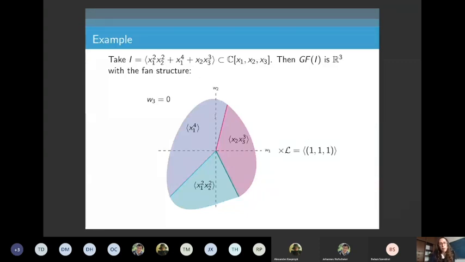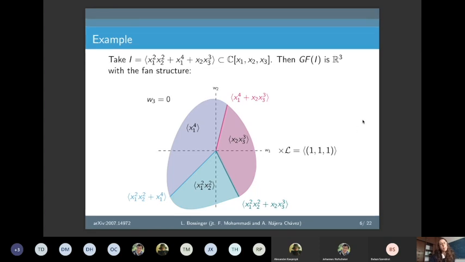So in the relative interior of the cones, I get monomial ideals, the 3 possible monomials that I can obtain as initial form. And in the rays, the initial ideals are exactly generated by the sum of the 2 monomials of the adjacent cones. So this is what a Gröbner fan looks like.